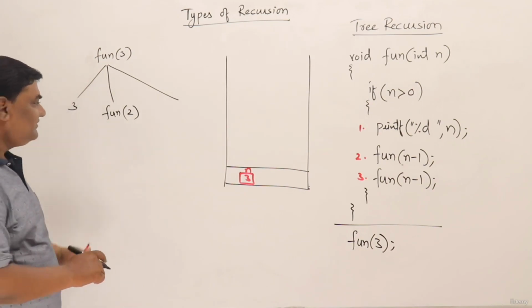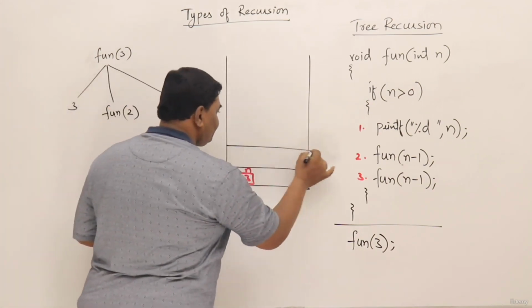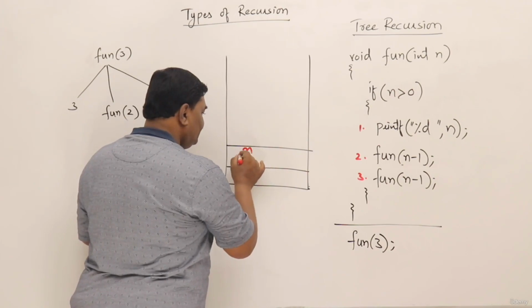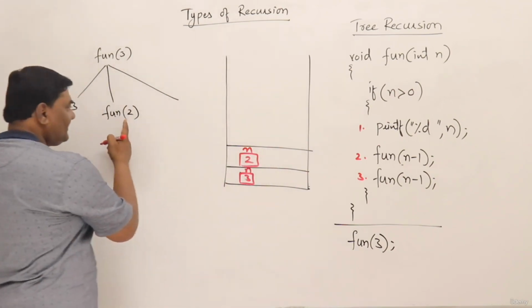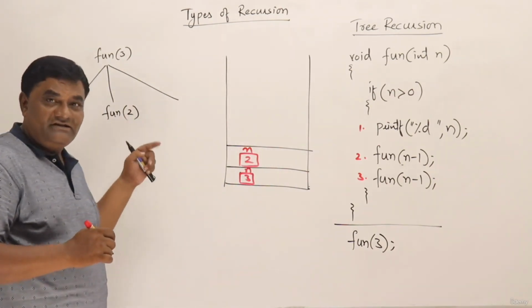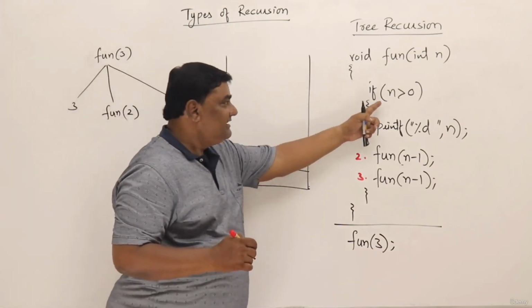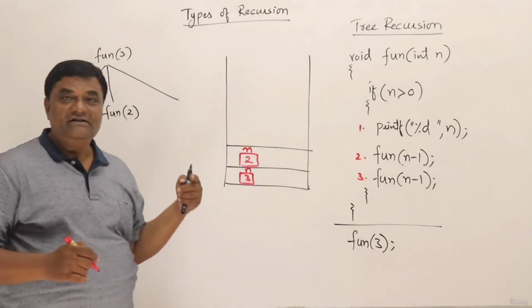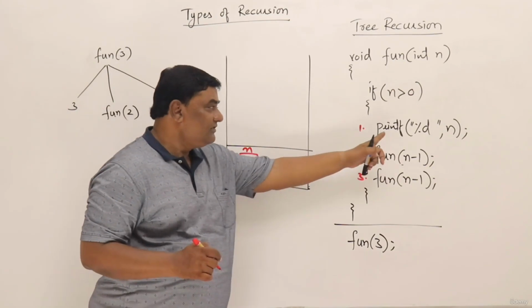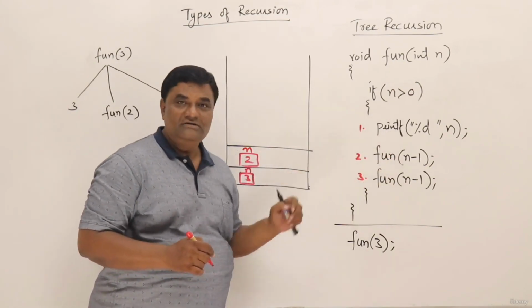For this call, again an activation record is created where the value of n will be 2. Now for this call, let us see what happens. N, that is 2, is greater than 0. Yes. Print and then make 2 calls.